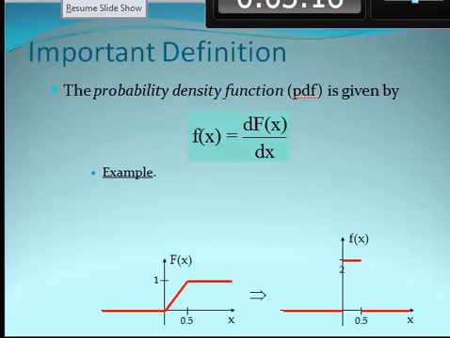A probability density function is given by the derivative of the cumulative distribution function. So you've probably seen these ideas. The derivative is just the slope of that line, and that slope becomes the new value for the distribution function.